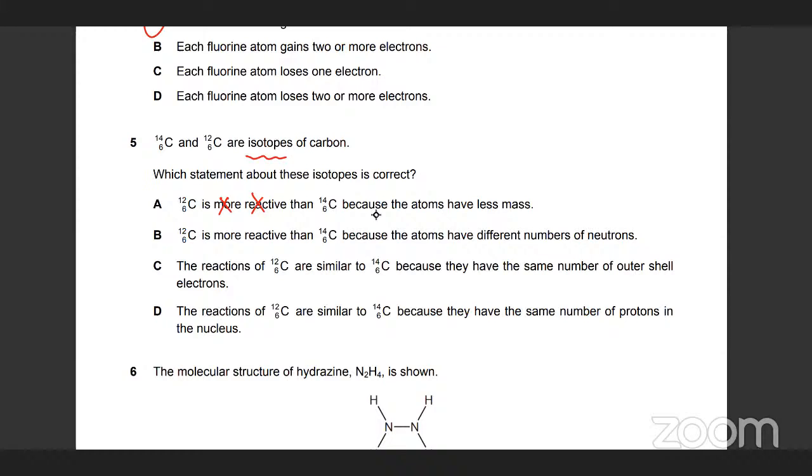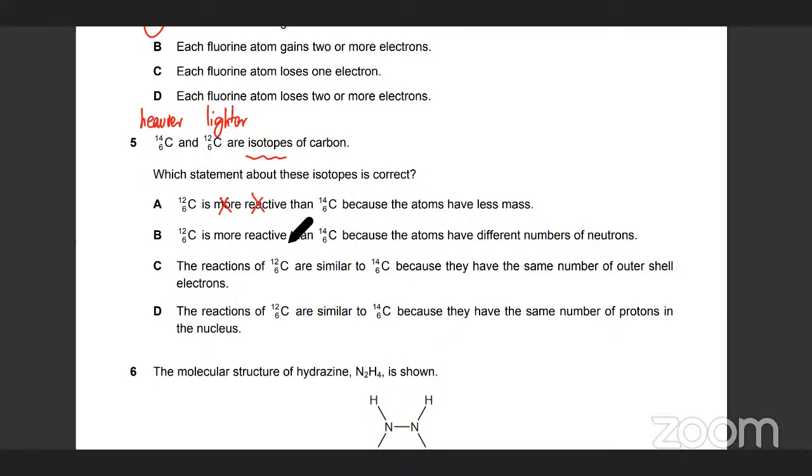The physical properties are also kind of exactly the same, except for one thing, which is mass. Because one is heavier and the other one is lighter. Like if you make diamond out of carbon 14, you make diamond out of carbon 12, they're both going to be diamonds, except for one of them is going to be slightly heavier. Is that clear? Yes. If you make carbon dioxide out of both of them, they're both going to be carbon dioxide, they're both going to be gases, but one of them is going to be slightly heavier.